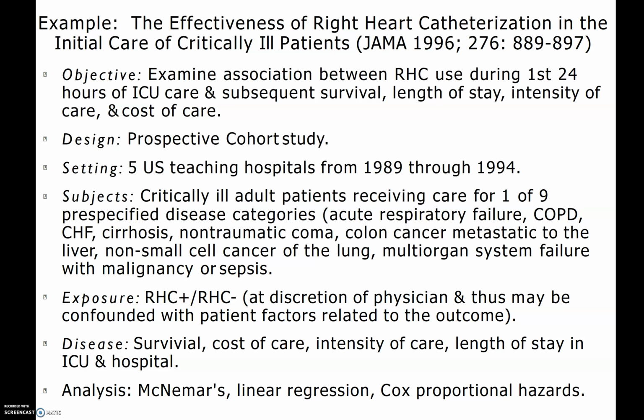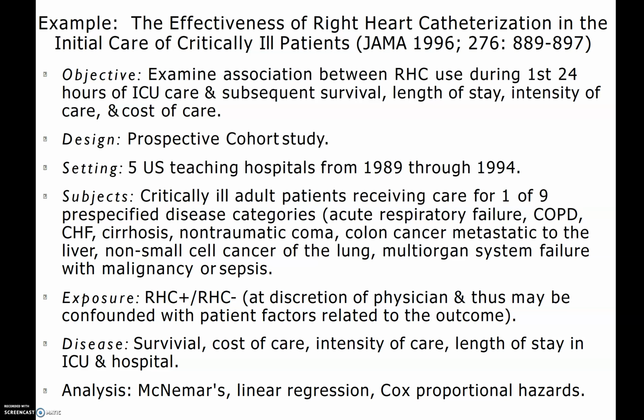The disease here. So you remember how I said the disease is not always a disease here. It's that the disease outcome is survival, cost of care, intensity of care, length of stay in hospital, ICU. So here we're using different methods. When you analyze survival, I don't know if they're doing time to survival or time to death.